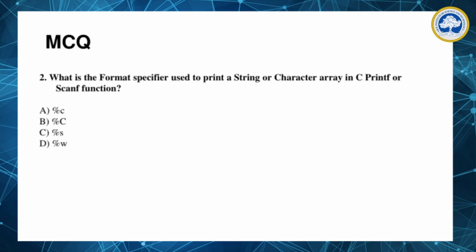The next question is: what is the format specifier used to print a string or character array in C printf or scanf functions? You studied this previously. If you want to access strings or characters, what is the format specifier? For strings we normally use %s, because we are accessing a string. If you are accessing characters, we use %c, which would be the right answer if we were going for characters.